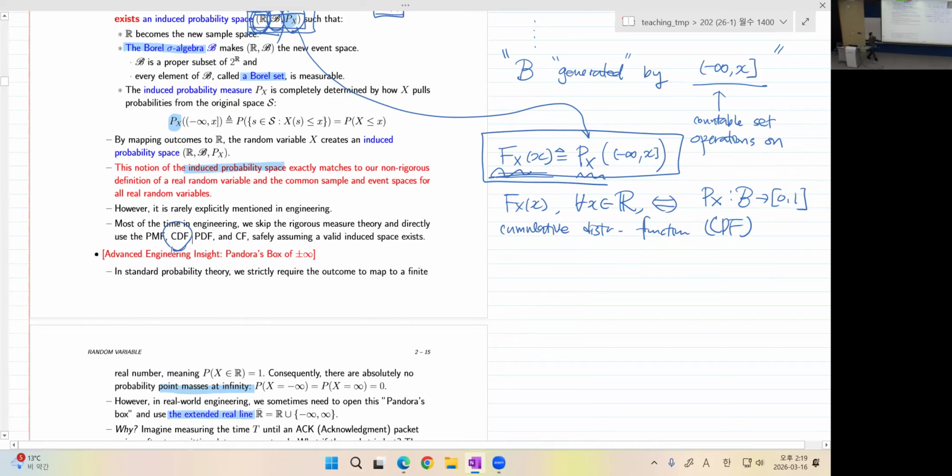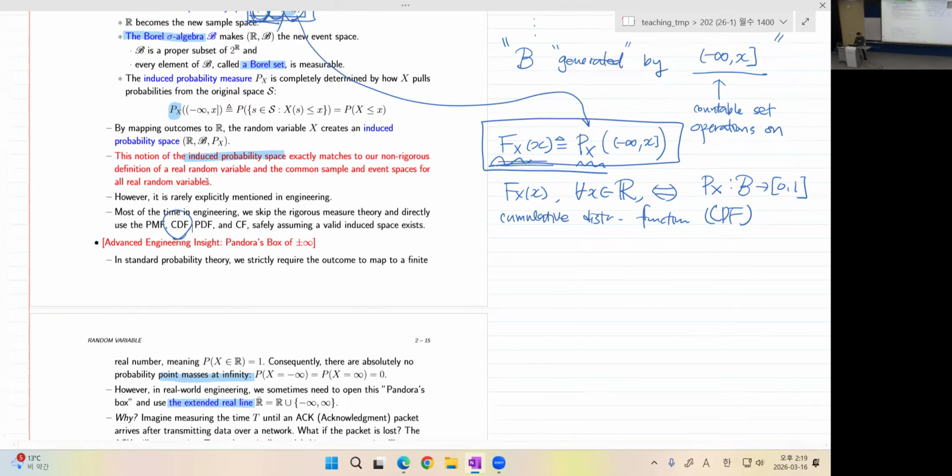I believe this type of exposure to the major theoretic probability theory may help many of you in the future, not right now, when you take more advanced courses, when you study more deeply in a specific subject. So even though I do not cover the topics as if it is a mathematics course, please understand. Okay. Anyway, so this is the key.